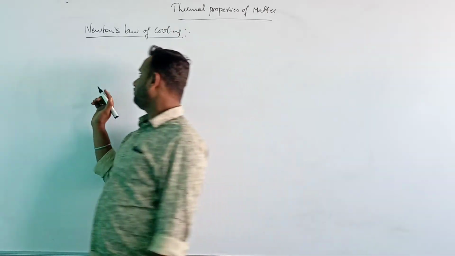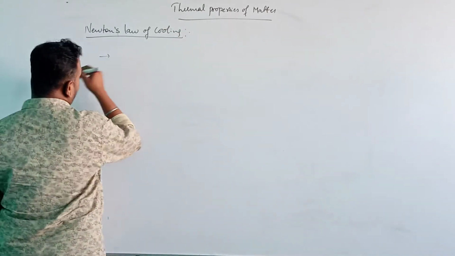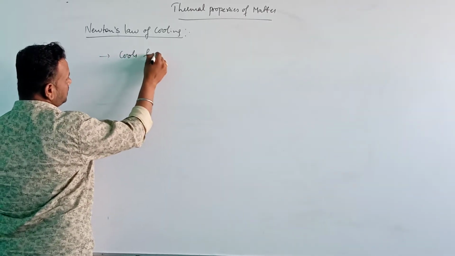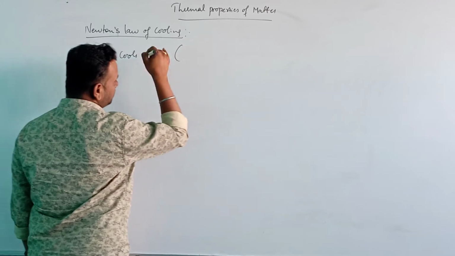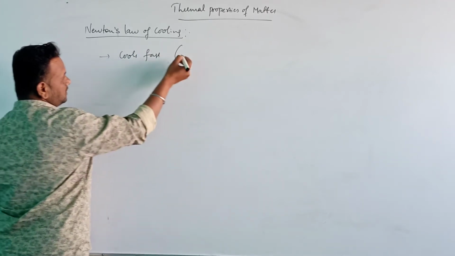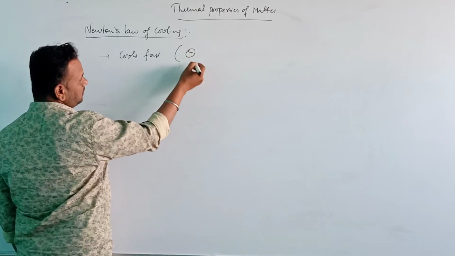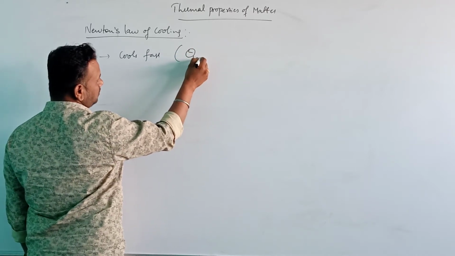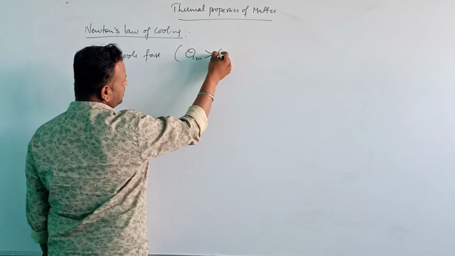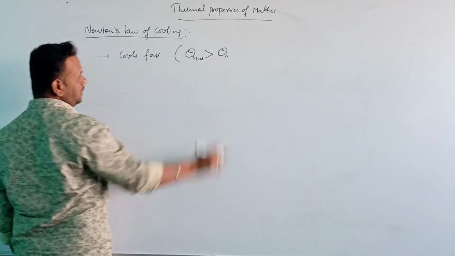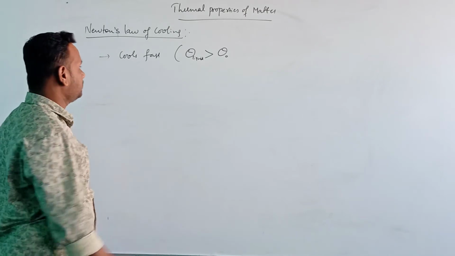Here theta is the temperature of the liquid, which is greater than the surrounding temperature, and theta naught is the surrounding temperature.